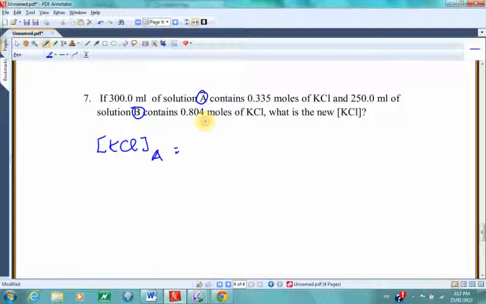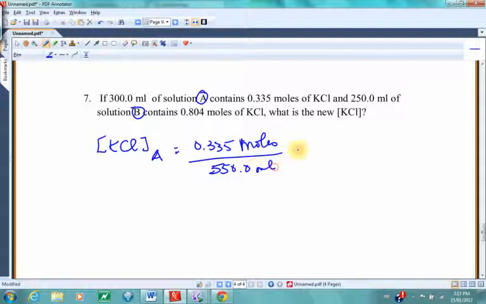0.335 moles divided by the total volume, 300 and 250, 550.0 milliliters equals, continue on, and KCl in B is equal to 0.804 moles divided by 550.0 milliliters equals, and then we're going to find the total.